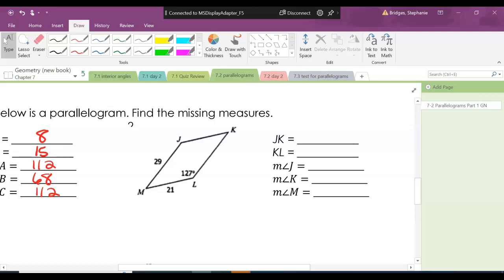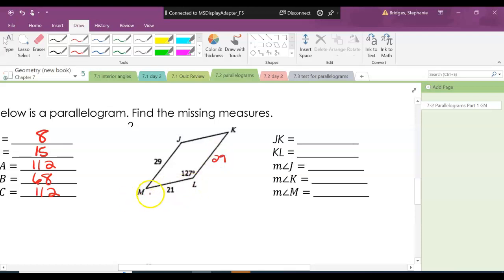Where is K? What angle's next to it? That's the side. The angle's inside your figure. All right, what is opposite of JM? KL, so the KL is going to be 29.